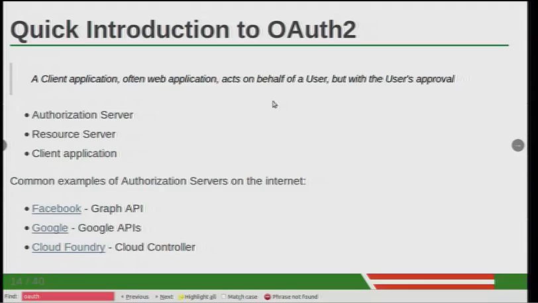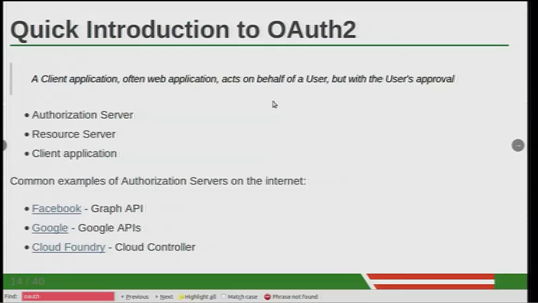So the user knows that this is happening, but the client application is accessing a protected resource as if it was the user. That's kind of the core use case, if you like. Now there are other ways of using OAuth2, but that's the primary use case that I want to get to, and it's also the most complicated, and it's the one that most people use.